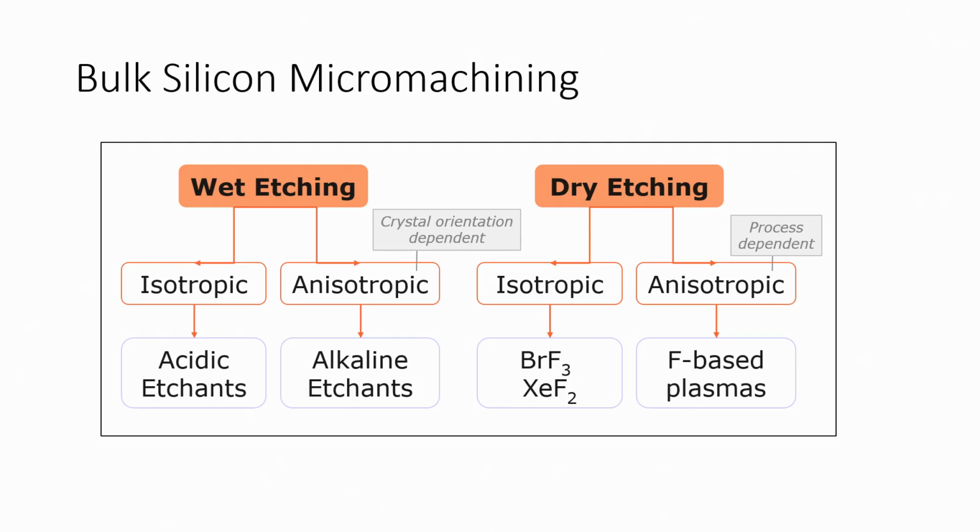DRIE, deep reactive ion etching, is an example of dry etching, and dry etching is also commonly known as plasma etching, because we are generating a plasma. The electron energy in the plasma creates a very high temperature, but the overall process is at low temperature.